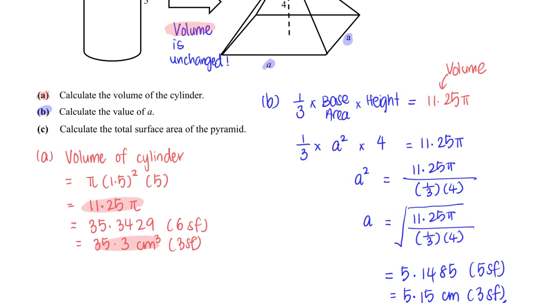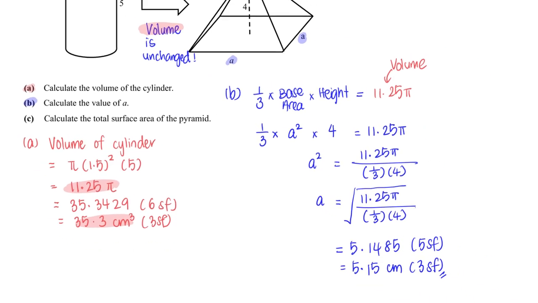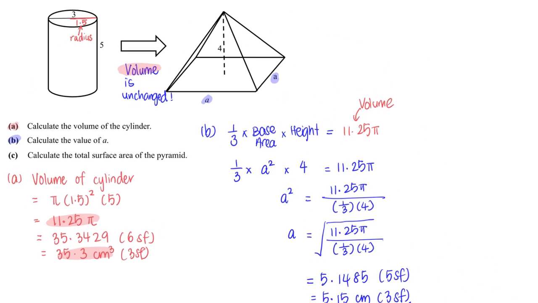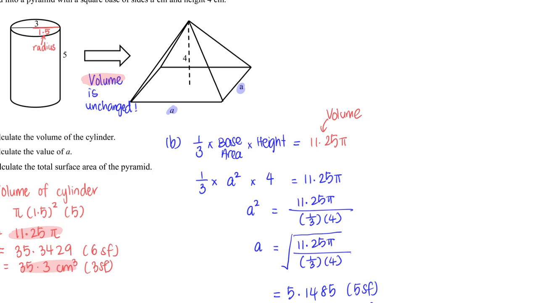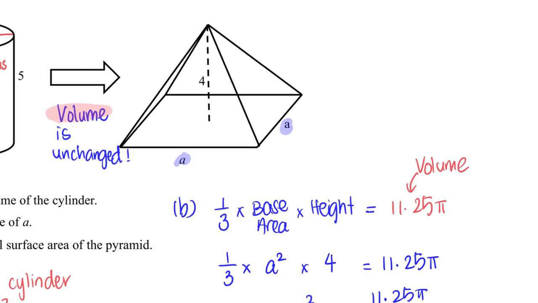Let's take a look at part C. Find the total surface area of this particular pyramid. So now that we know the length of A, it makes things easier. I'm going to just go back to this pyramid.